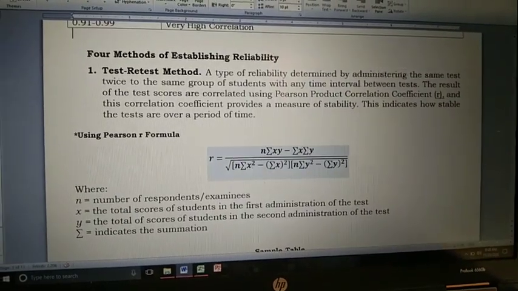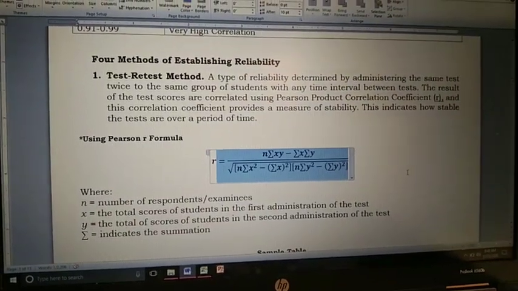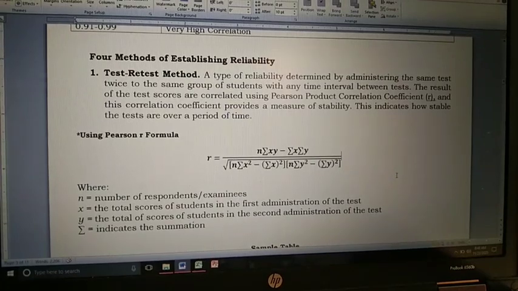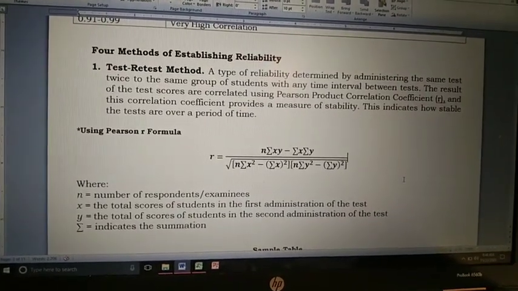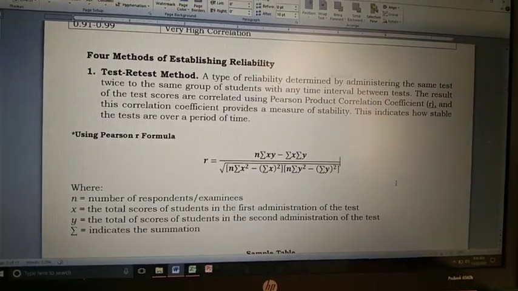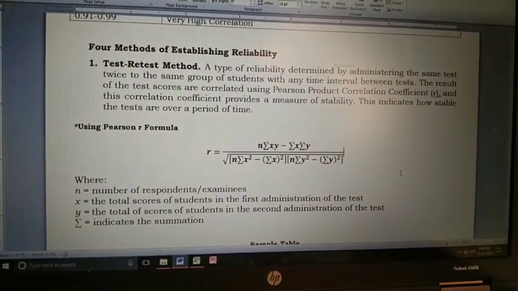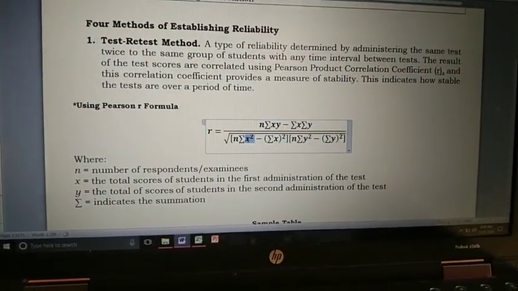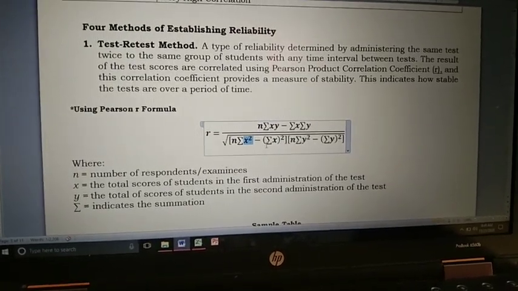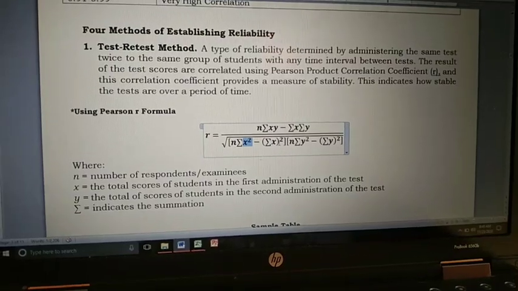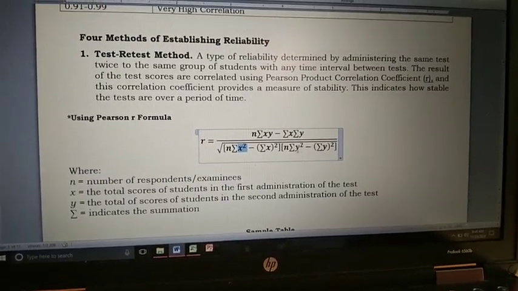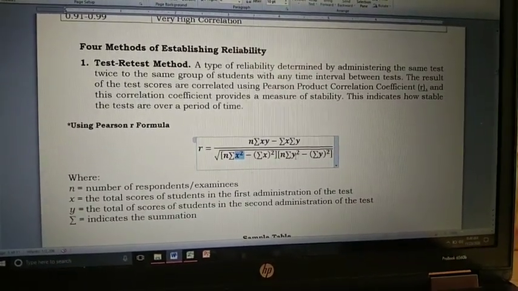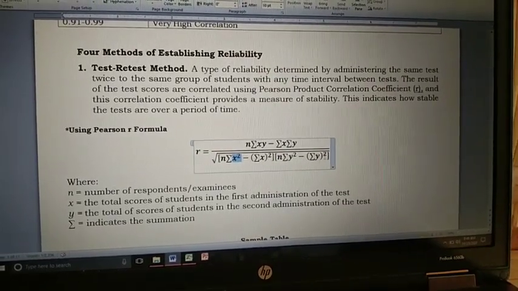So we have here the Pearson R formula. R is equal to the numerator n, summation of xy minus summation of x and summation of y, over the denominator square root of n, summation of x squared minus summation of x raised to the power of 2, times the bracket n, summation of y squared minus summation of y raised to the power of 2.